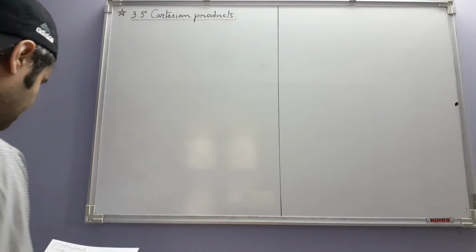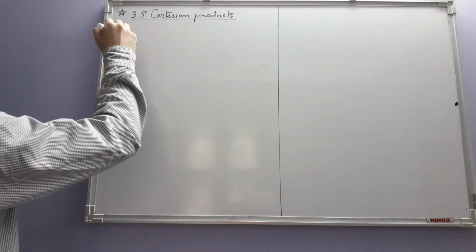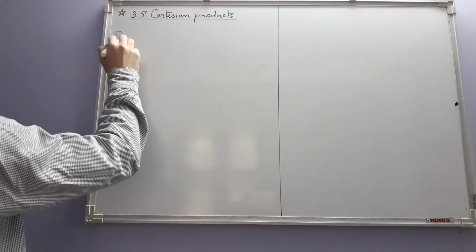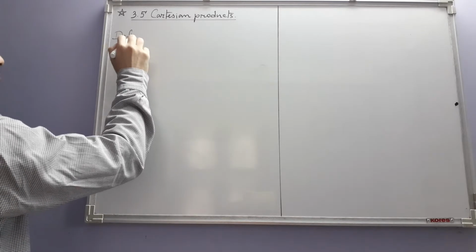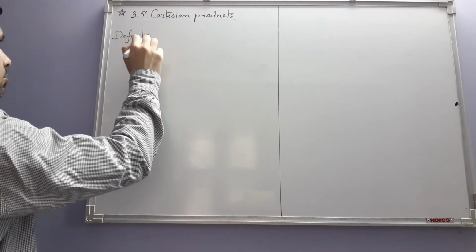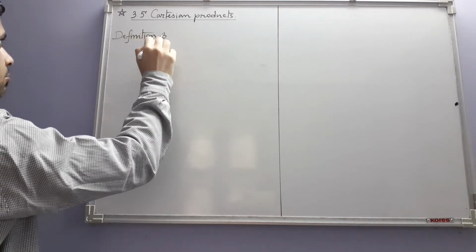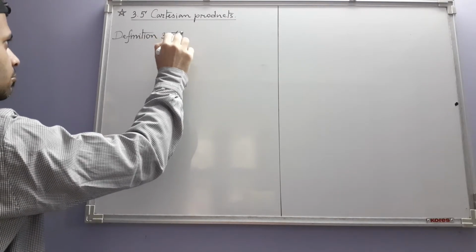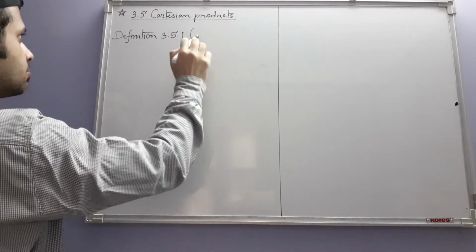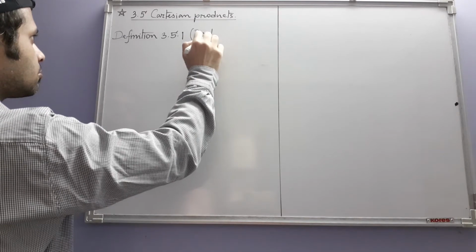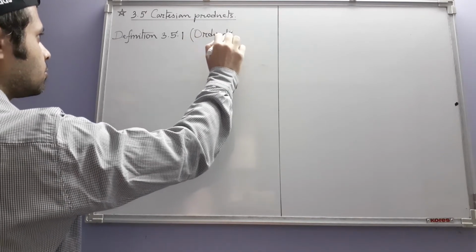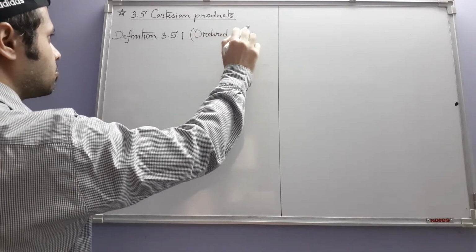So the first definition is this. Ordered pair.